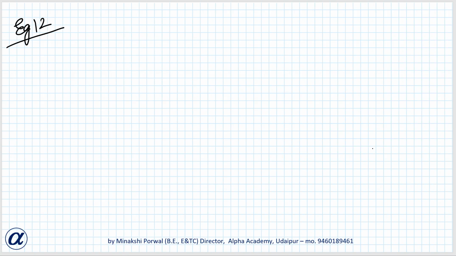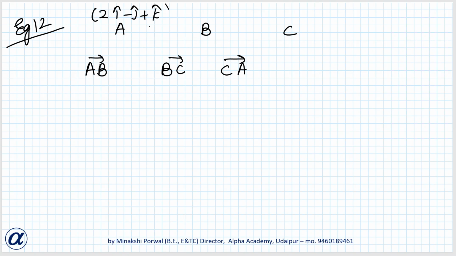In example 12, we are given 3 points and we have to show that these are vertices of a rectangle. So point A is given, point B is given, and point C is given. First of all, we'll find vector AB, vector BC, and vector CA, the differences b minus a, c minus b, and a minus c.